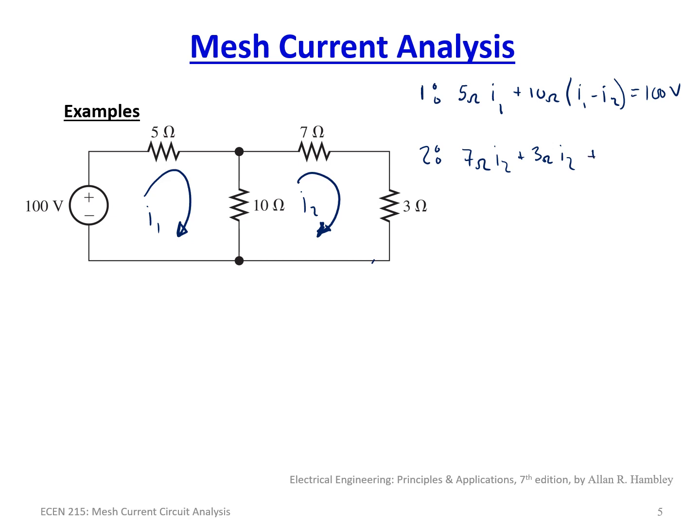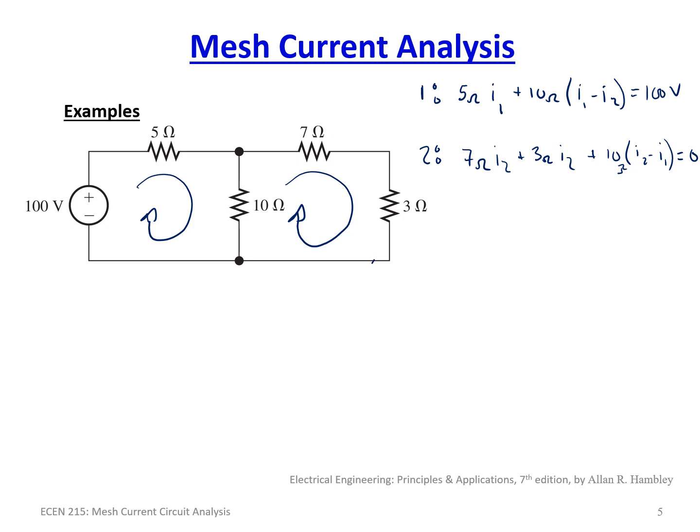Plus this drop here, which is going to be 10 ohms, I2 minus I1, equal to what? It's equal to 0. KVL says the loop around this must equal 0. Same here, must equal 0. It just so happens we had minus 100 and we just put it on the other side. So there's our 2 equations.